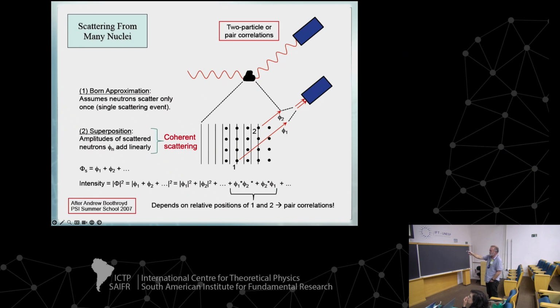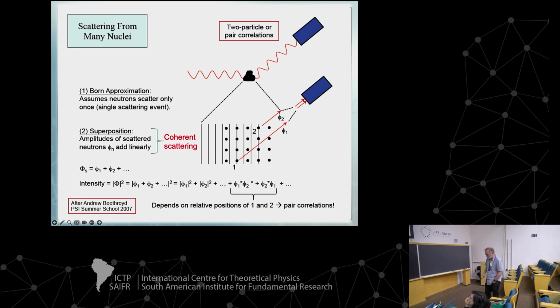And all these terms, precisely the cross terms, depend on the positions of 1 and 2. That means that they depend on the pair correlations. The first terms are independent, are single particle terms. So they do not show any correlation, but the cross terms are the important ones. That's the reason why coherent scattering gives you information about the structure.